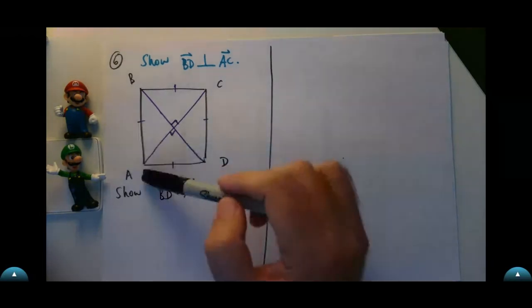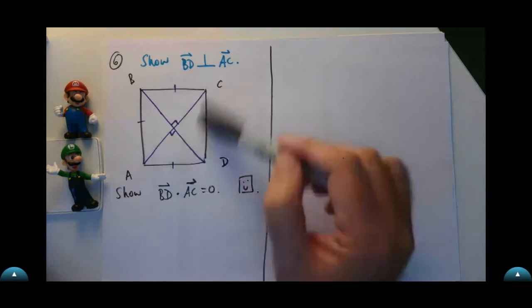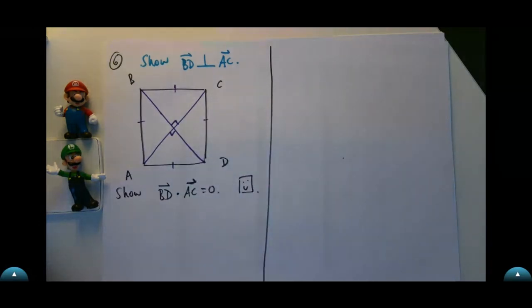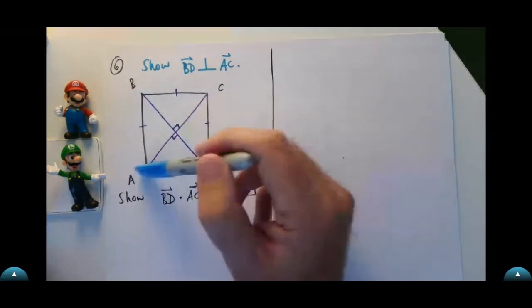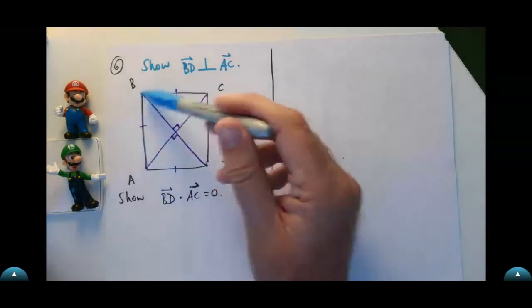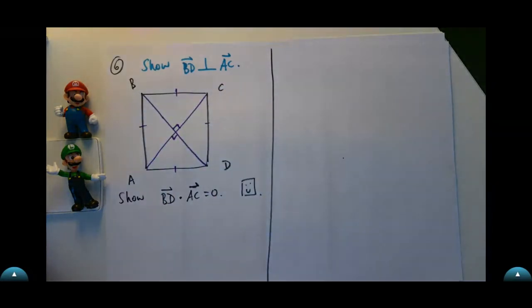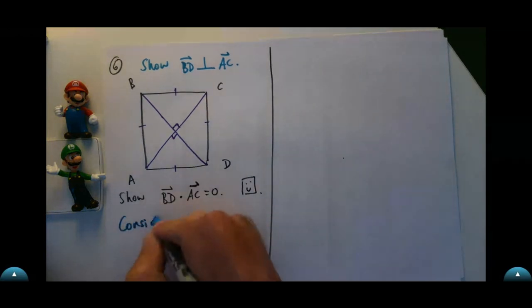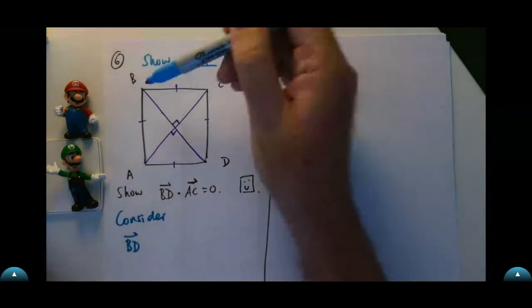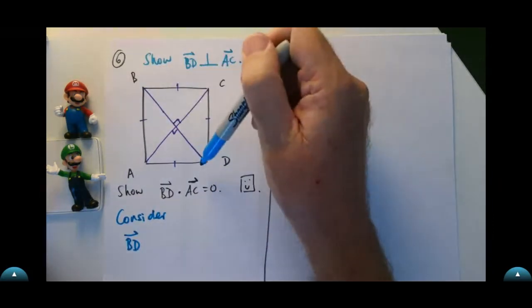Okay, so we know the lengths of these sides are all equal. Let's work out how we can write these diagonal vectors in terms of the sides. I think that's probably the easiest way to do it. So let's have a look at the vector BD.